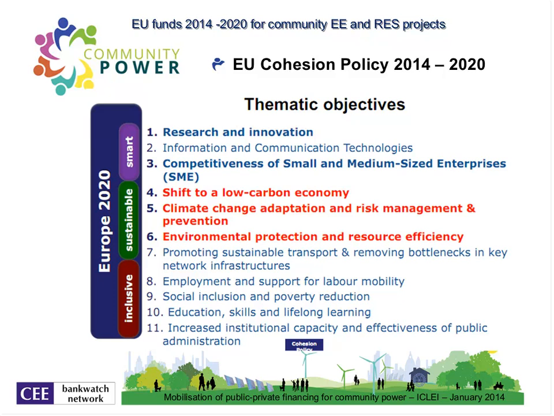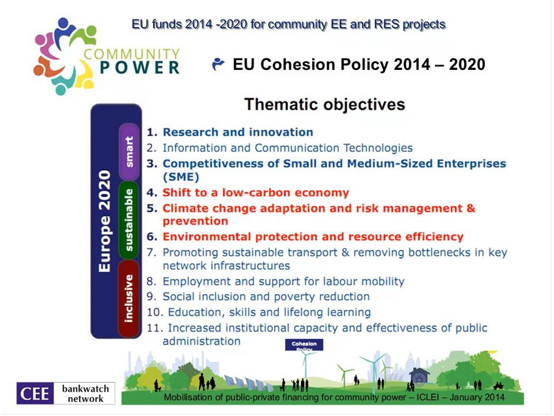We have research and innovation, communication, small and medium-sized enterprises, and the red ones here are the purely environmental objectives: the shift to the low carbon economy, climate change adaptation, and environmental protection. Further on, we have transport, infrastructure, employment, social inclusion, education, and the institutional capacity.